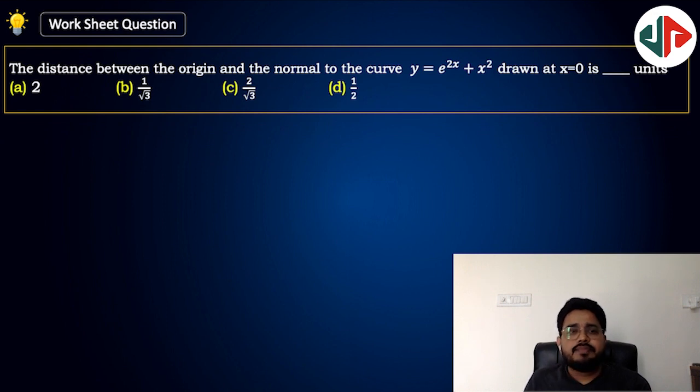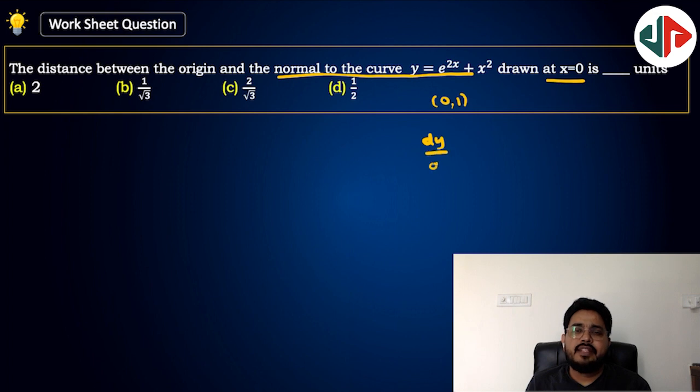Read the question. Normal to this curve drawn at x comma 0. So x is equal to 0, y is equal to 1. So dy by dx is equal to 2 e power 2x plus 2x.